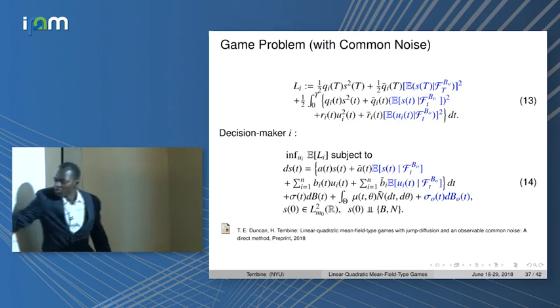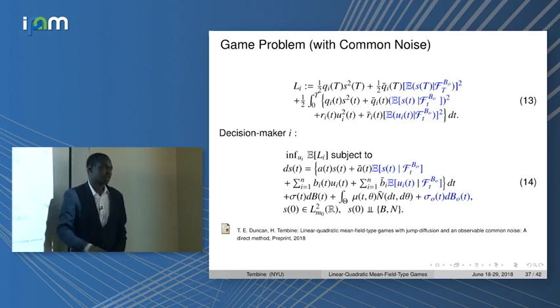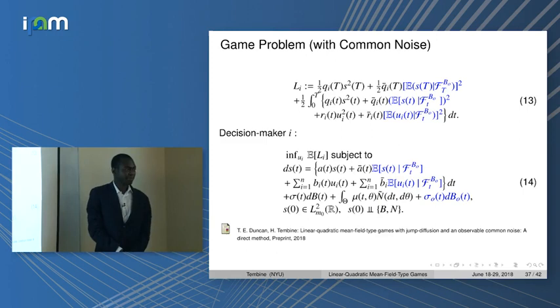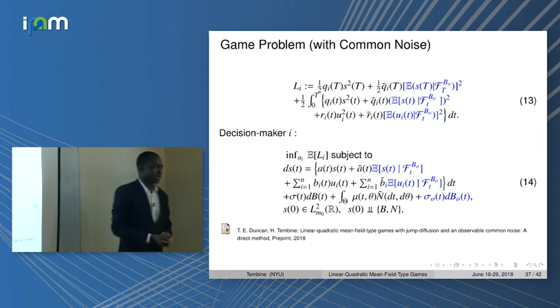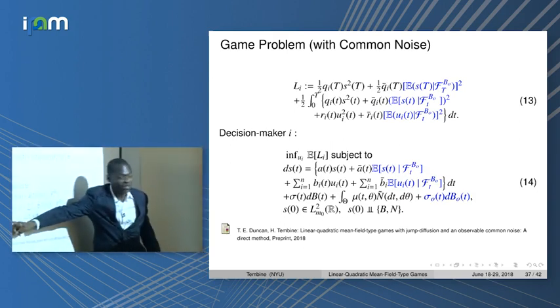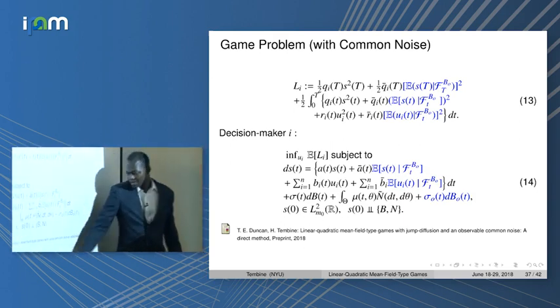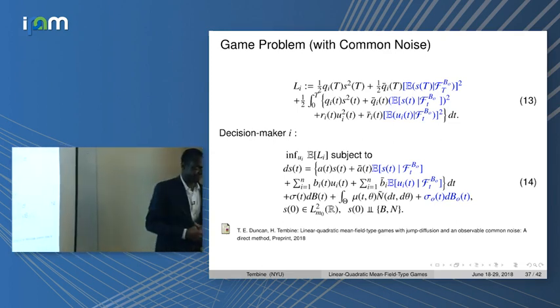We keep the jump-diffusion term. We replace only the expected value of the control by the conditional expected value of the control. F^{B naught} denotes the filtration generated by the Brownian motion that is independent of the other Brownian motion that was appearing and the Poisson jumps. Okay?